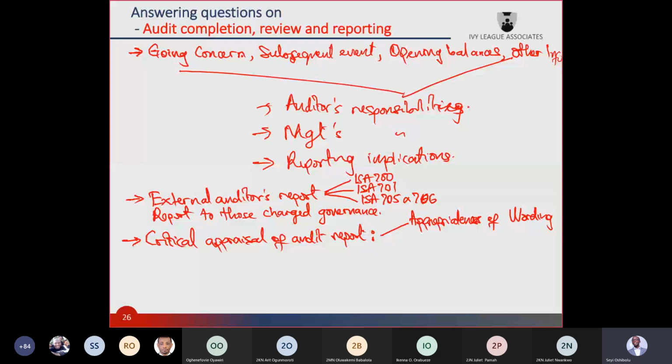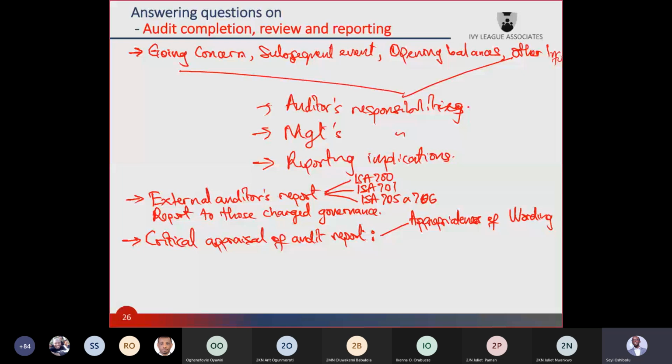Number two, appropriateness of structure. It is fundamentally important for you to ensure that there is order in an audit report, because it must follow a particular order.